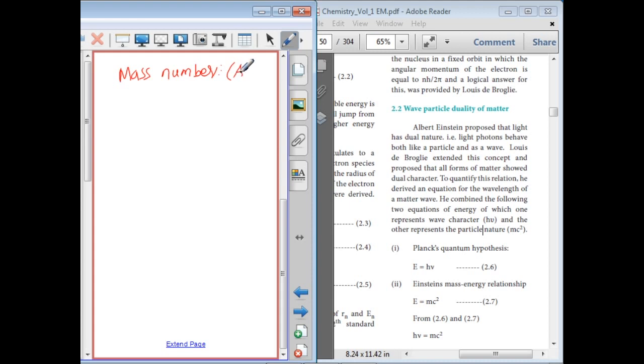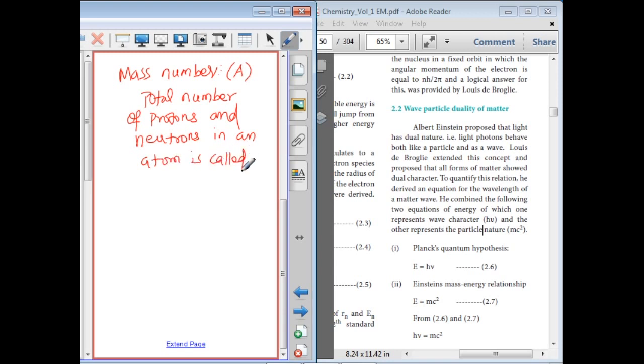The symbol of mass number is A. The total number of protons and neutrons in an atom is called the mass number.